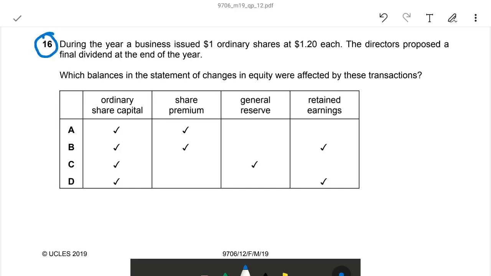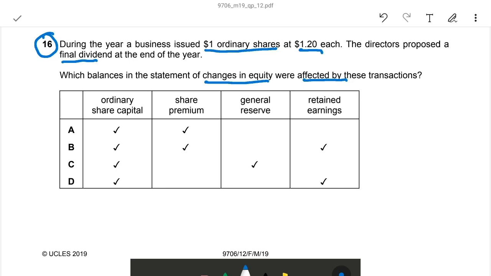Question number 16. During the year, the business issued $1 ordinary shares at 1.20 each. The directors proposed a final dividend at the end of the year. Which balances in the statement of changes in equity were affected by these transactions? Here the business issued the shares.